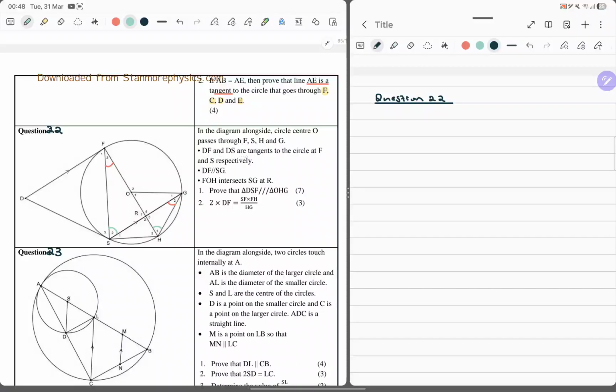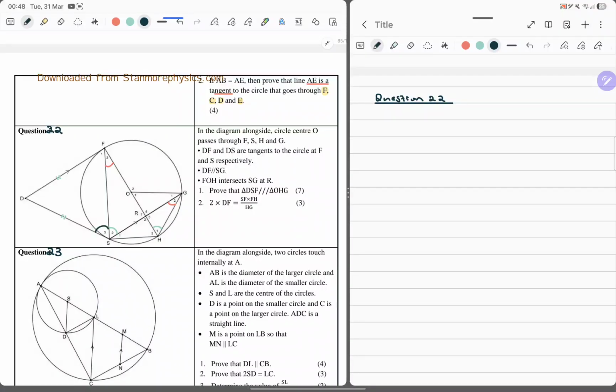Now, DF and DS are tangents. If they are tangents, they're going to be equal because tangents from the same point are equal. Then this suggests that we are going to face an isosceles triangle.